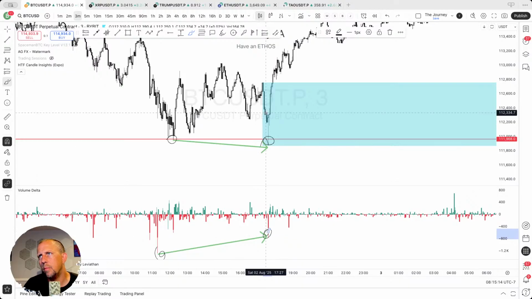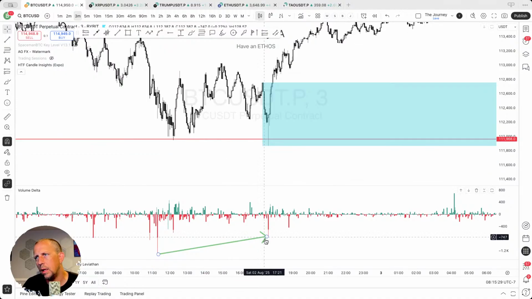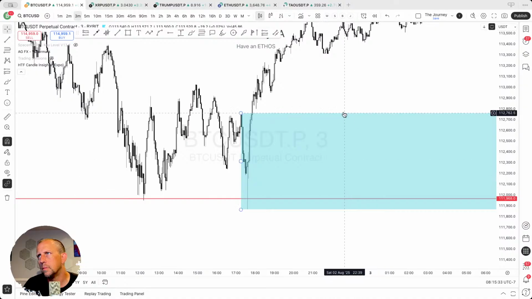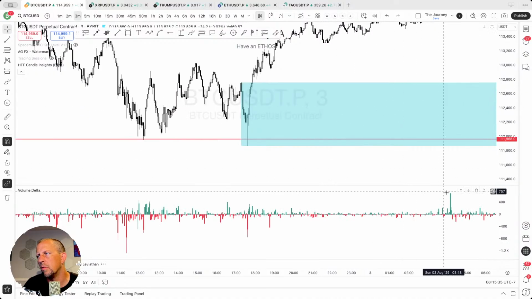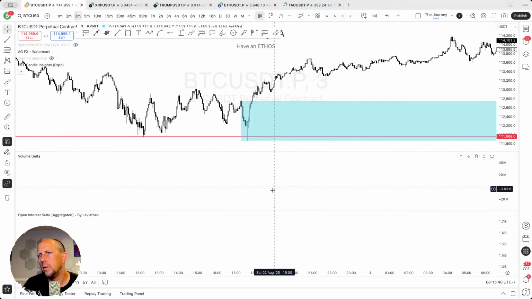So it kind of had both. So I'm looking for trapped sellers and divergences. And then open interest, I'm just looking for divergence as well. Open interest, I don't really use it that much, if I'm going to be honest. I don't use it a ton.